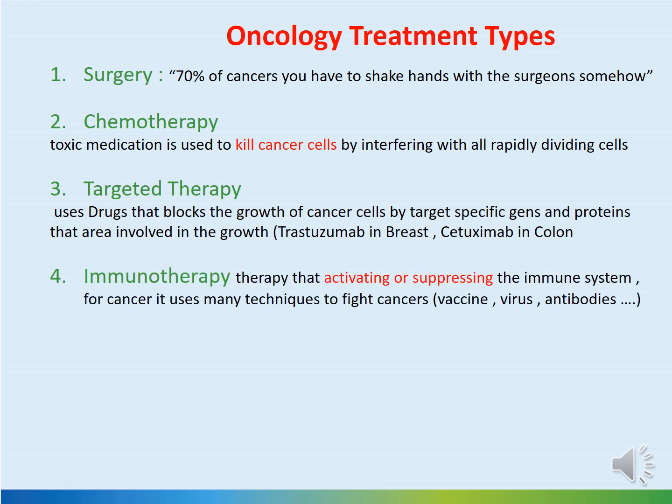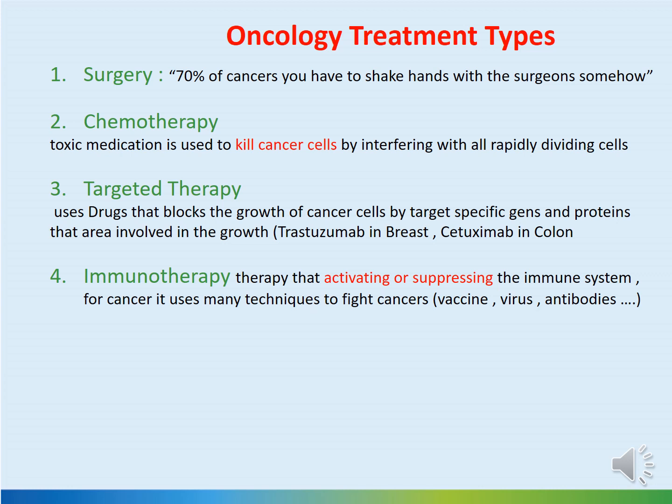The fourth type of cancer treatment is immunotherapy. Actually, immunotherapy is a known type of therapy, not used only for cancer. Sometimes we use immunotherapy for other diseases. So, as you see here, immunotherapy in general is a therapy that can activate or suppress the immune system.